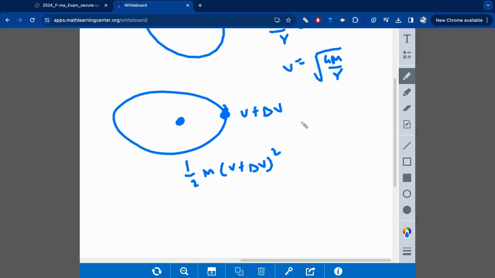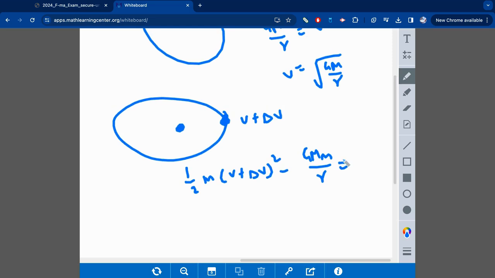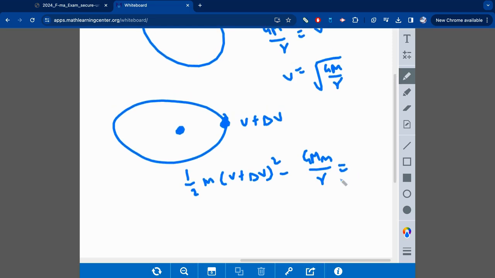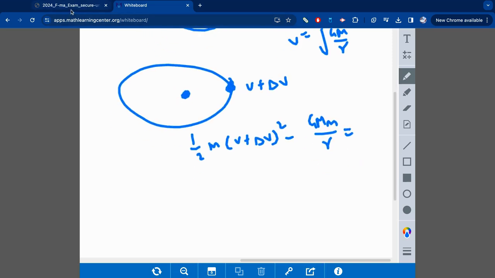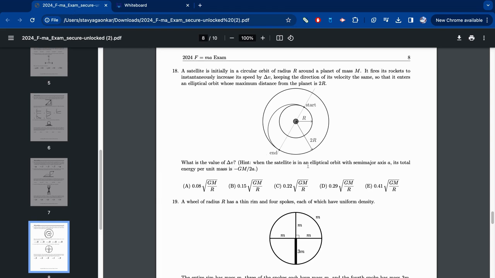Now what's its potential energy? Its potential energy is this, and its total energy is given by this formula. Its total energy in an elliptical orbit with semi-major axis a is negative GM over 2a per unit mass, which means for this one, where we say it has a small mass m, it's just negative GMm over 2a.